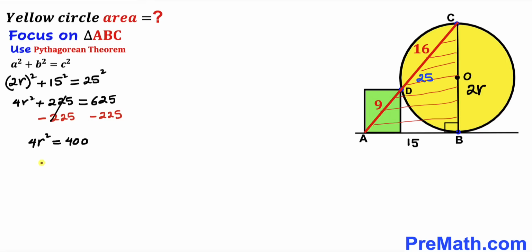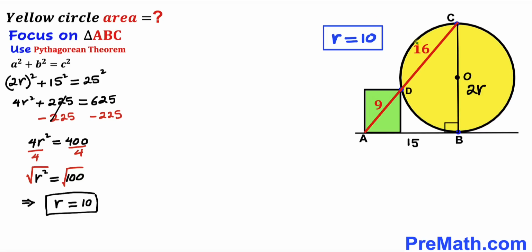Now we divide both sides by 4, and our r square value turns out to be 100. Now I'm going to undo the square by taking the square root on both sides. So our radius lowercase r turns out to be 10 units. Thus the radius of this yellow circle is 10 units.